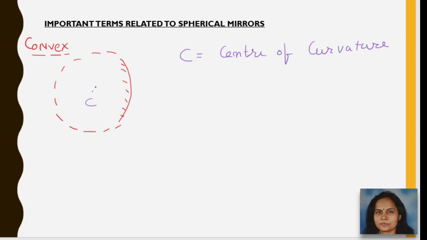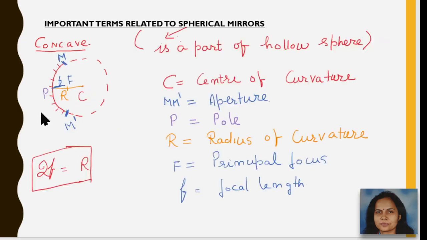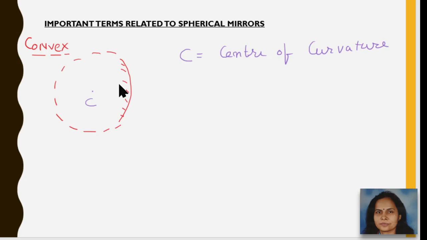But in case of convex mirror, it is behind the reflecting surface, or simply we can say behind the mirror.